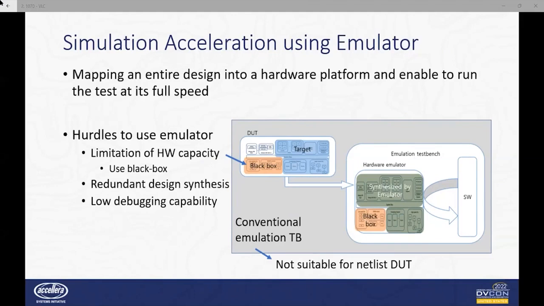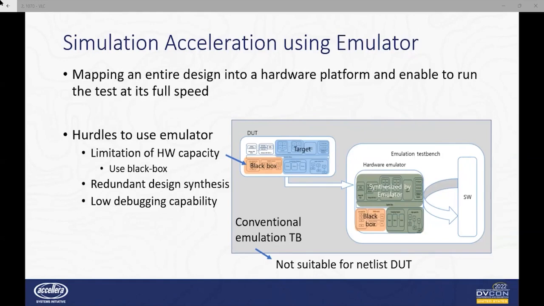The simplest way of reducing emulator capacity is to replace unnecessary blocks other than targets with black box. The figure shows the conventional emulation test bench and how the design is mapped to the hardware emulator. Target design is synthesized by emulator's design analysis flow before being loaded in hardware emulator.